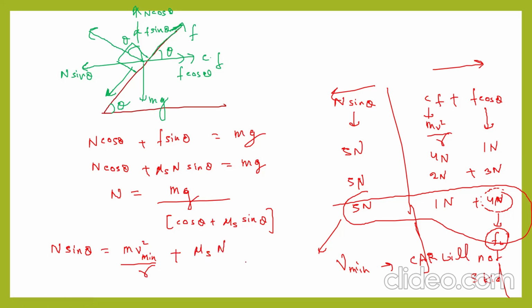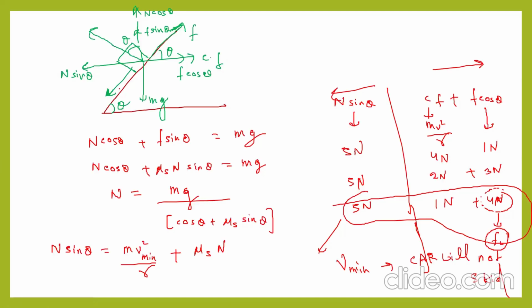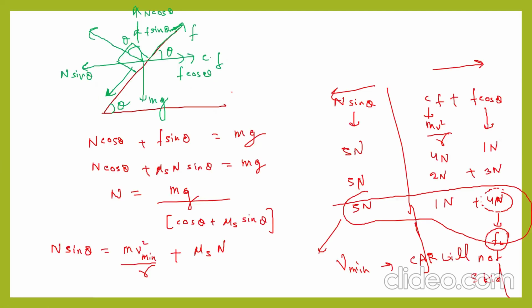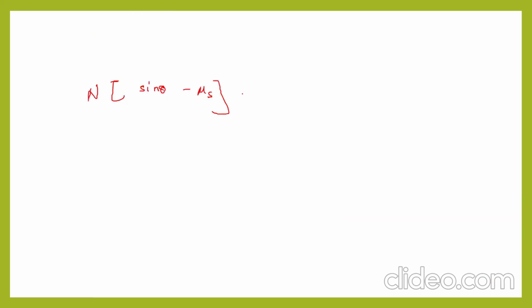So if you solve this, it will be what? If you take N common, from the previous equation, sin theta minus mu s. And write m v min.